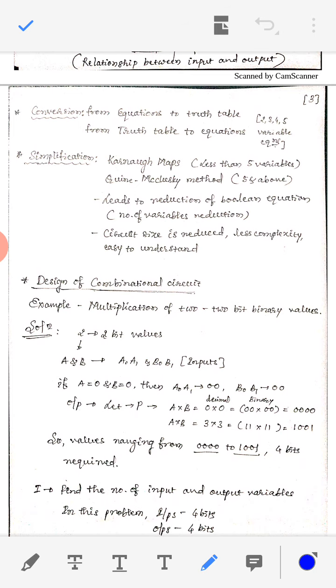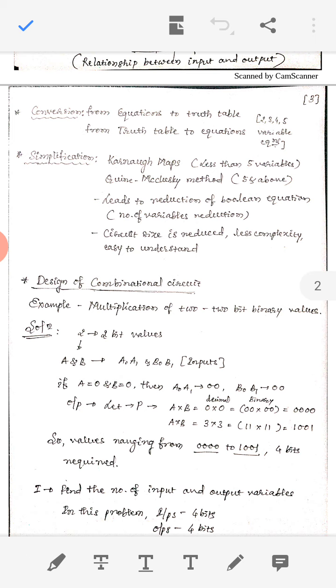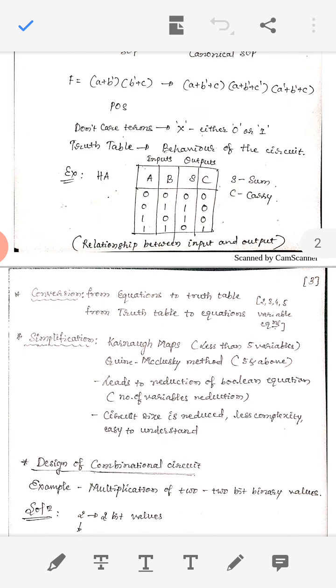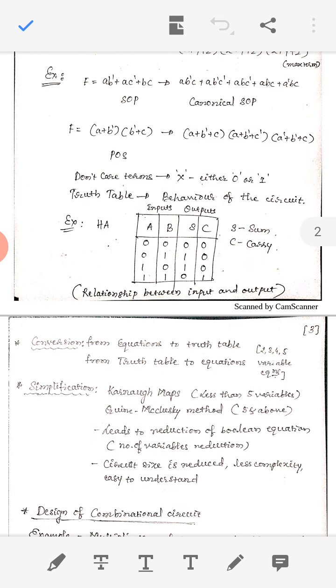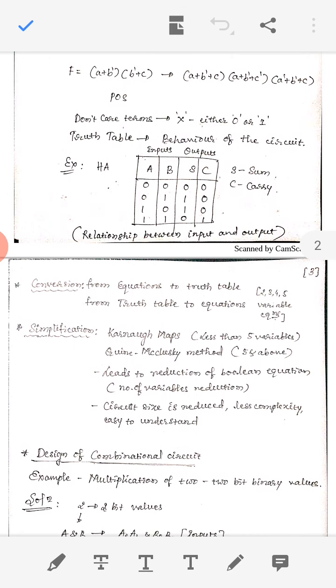After the truth table, we need to convert the truth table into equations. As I told, this is a two variable case: S is one equation and C is one equation. I have not written the equations for S and C here.